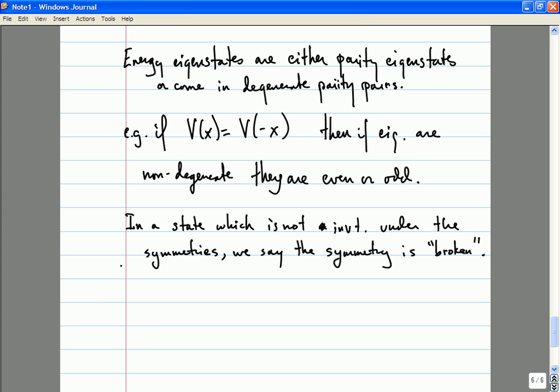Often, the ground state of a system is invariant under the symmetries.